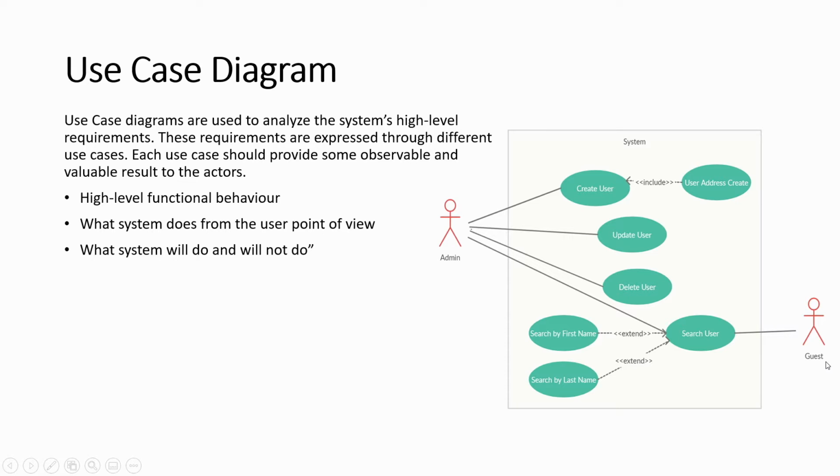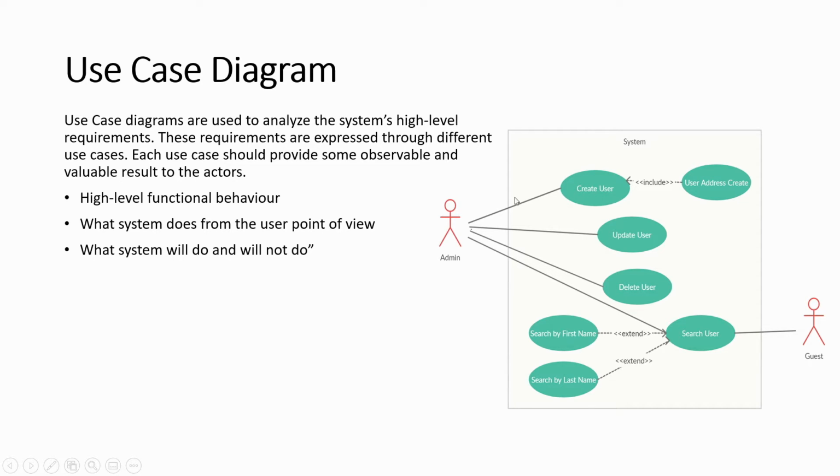For the admin and guest users, let's say the admin can create a user, he can update the user, he can delete the user. Okay, and from the guest perspective, he is only able to search a user. Now the search user can have other functionality also. Search user is a parent use case, which also has sub use cases: search by first name, search by last name.